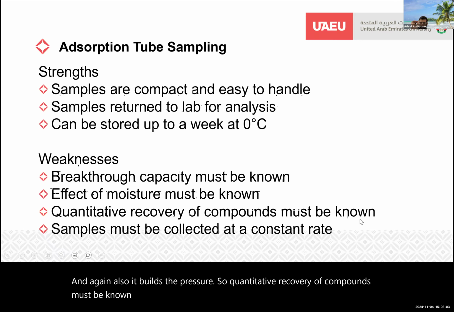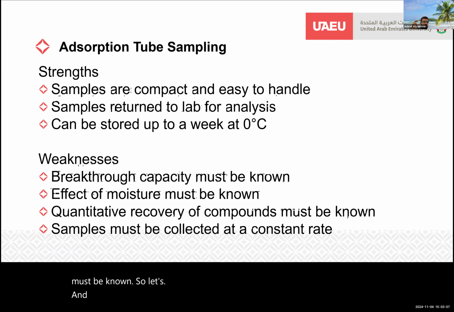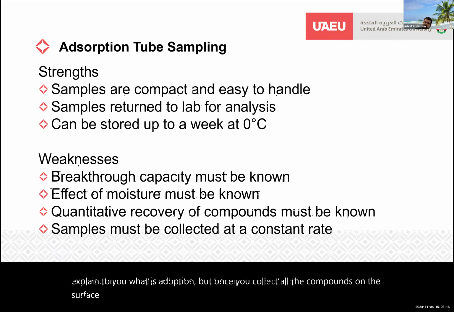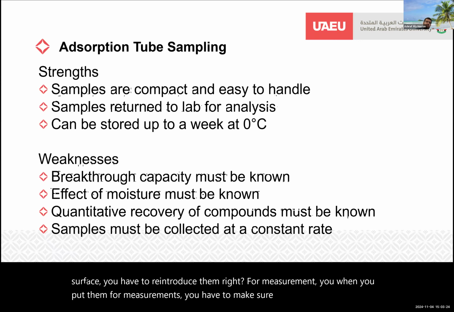Maybe this will be clearer when we go through adsorption and I explain what adsorption is. But once you collect all the compounds on the surface, you have to reintroduce them for measurement. When you put them in for measurement, you have to make sure that they leave the tube so you can measure them.